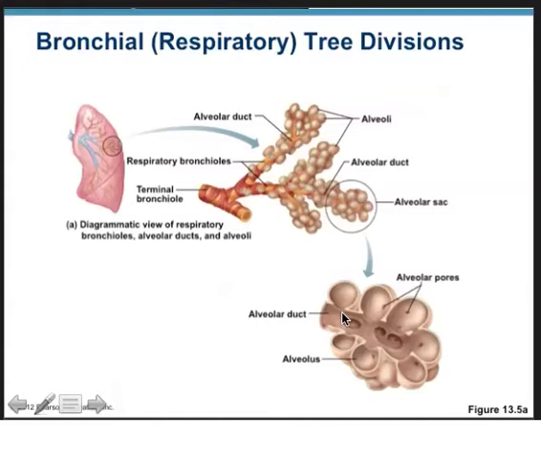Now, on the other side of the alveoli are lots of capillaries, and so the maximum distance that the gas has to travel is about 2 cell layers thick, and the tissue that the alveoli are made out of is simple squamous epithelia, very, very narrow tissue, and of course the capillaries, as you already know, are made out of endothelial tissue and basement membrane.